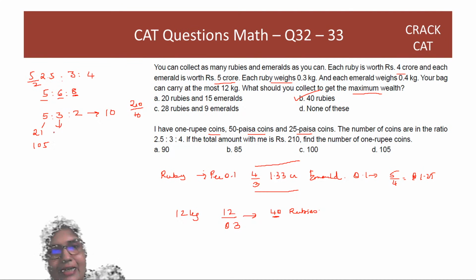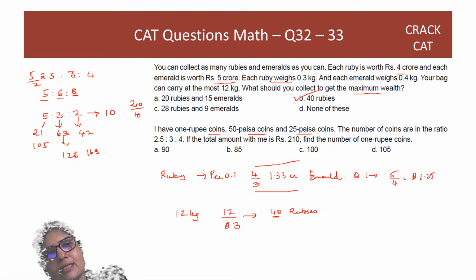In terms of value, 63, but in terms of number, I have to multiply it with 2, so 126. In terms of value, this will be 42, but multiply by 4, right? So you get 168. So anyway, we just want 1 rupee coin, so answer is option D.